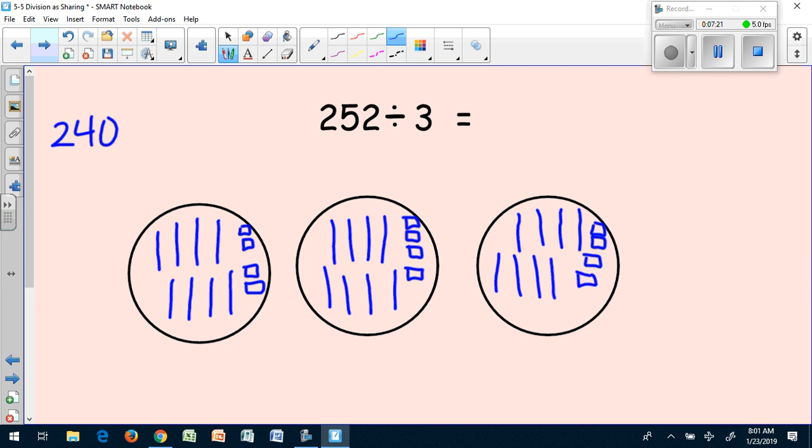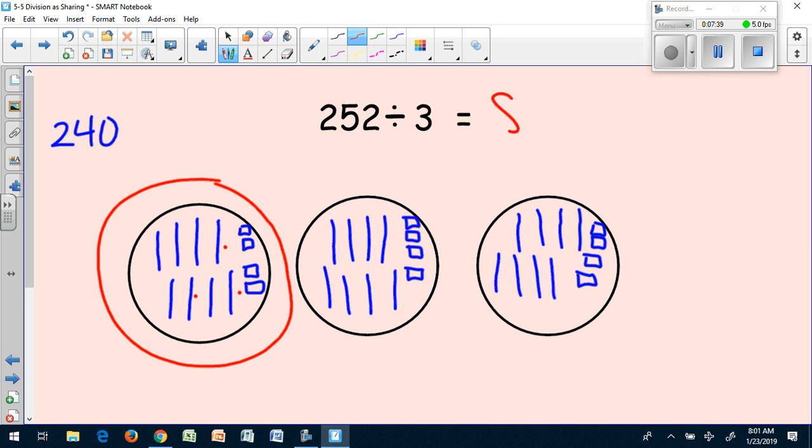So I can see that I don't have a remainder because my 252 went perfectly in those three circles. Okay, so I'm going to look at one circle, count up how many I have, 10, 20, 30, 40, 50, 60, 70, 80, and then my 4 ones. So 252 divided by 3 is 84.